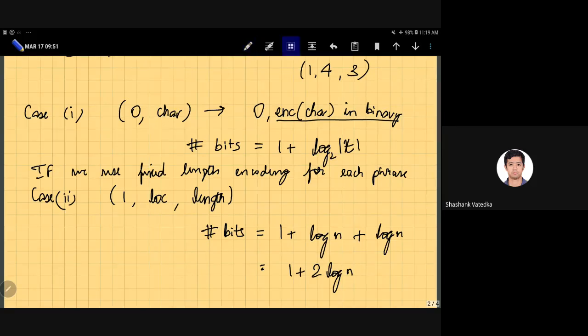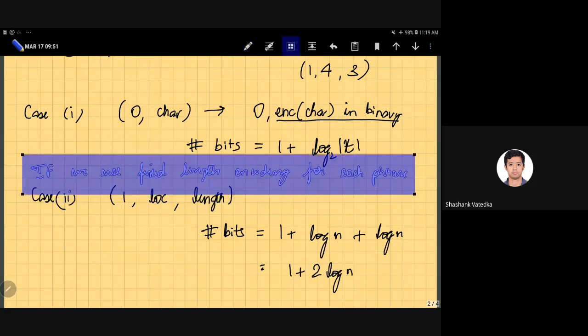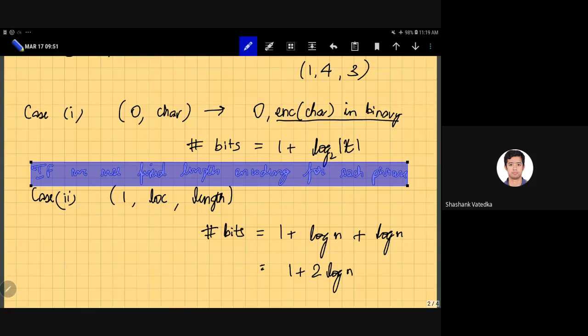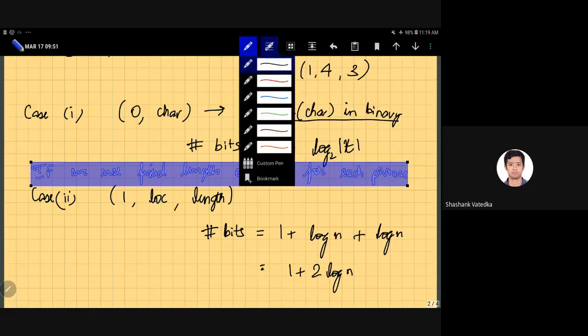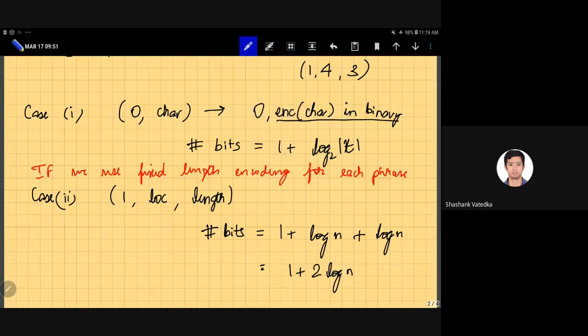All right, so this is a big qualifier. So if we use fixed length encoding for each phrase, then we would require 1 plus 2 log n bits, right? But what is the maximum order of the number of phrases that we can have?